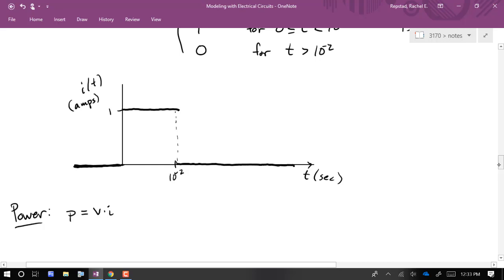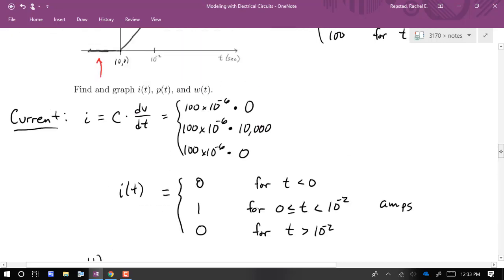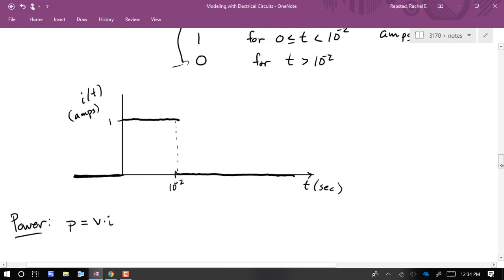If we multiply these together for each interval, the current is 0 at the two end intervals, for t less than 0 and t greater than 10 to the negative 2. And in between it's just 1, so that means our power is going to be 0 at the beginning and at the end intervals, and then in the middle, between 0 and 10 to the negative 2, it's just going to be equal to whatever the voltage function is, because we're multiplying it by 1.